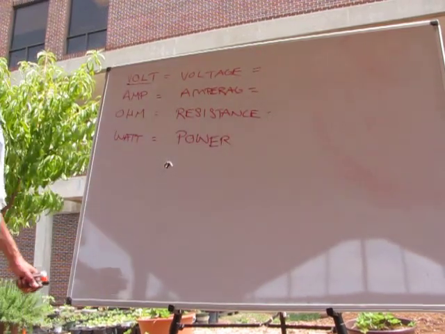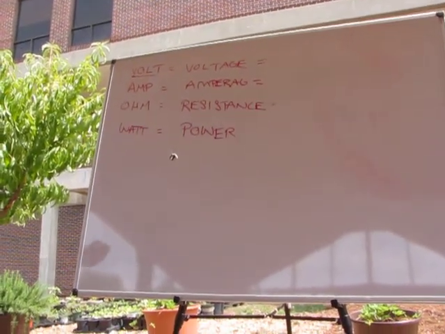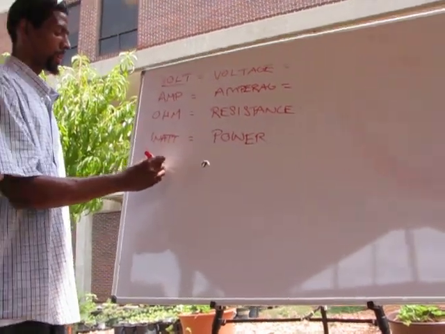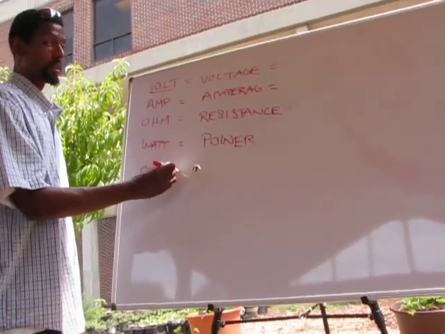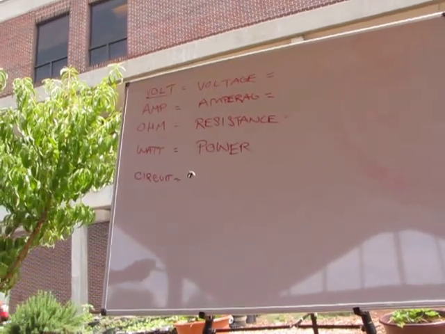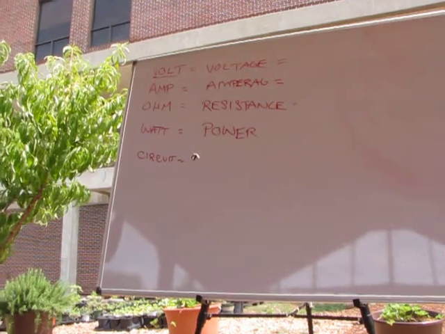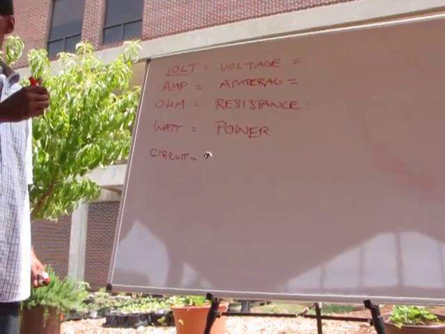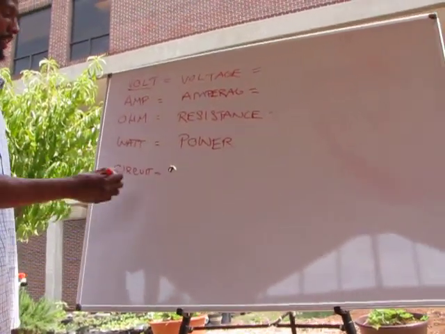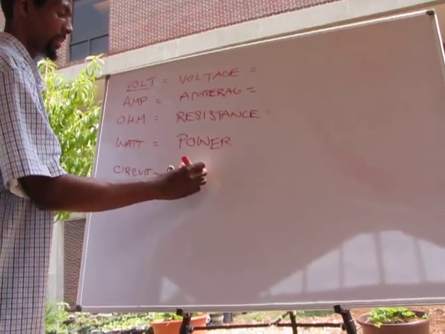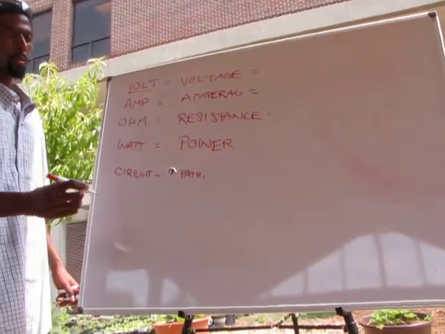Watt measures power. Now let's talk about the circuit. What's the difference between voltage and power? We're about to go into all that right now because they're all interrelated. A circuit is a path for electrons to flow.